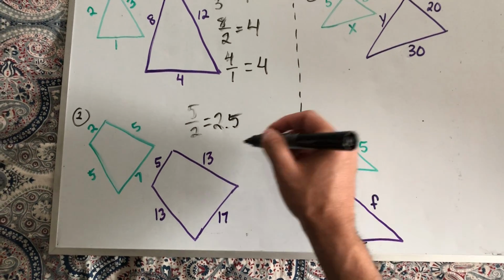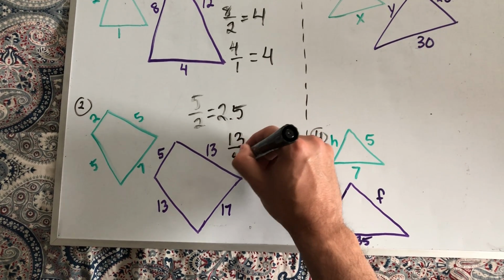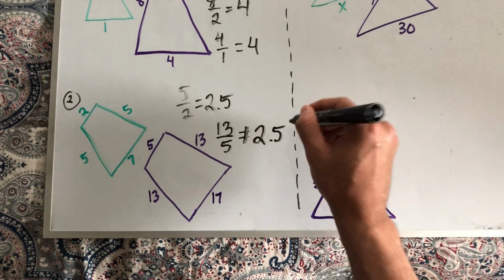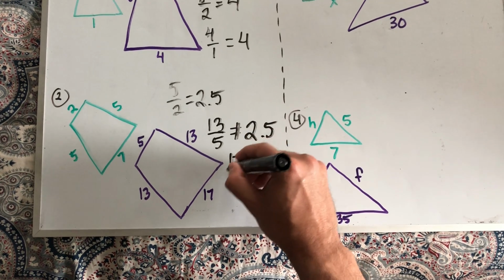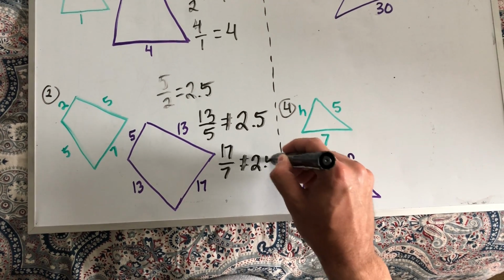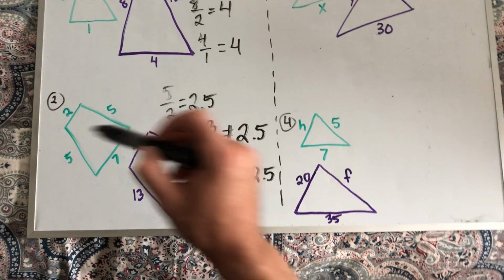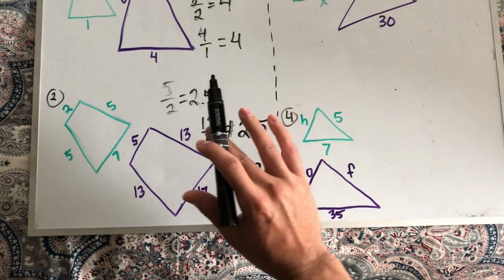But if you do 13 divided by 5, you do not get 2.5. And if you do 17 divided by 7, you also do not get 2.5. Since the scale factor is not the same for each corresponding pair of sides, these shapes are not similar.